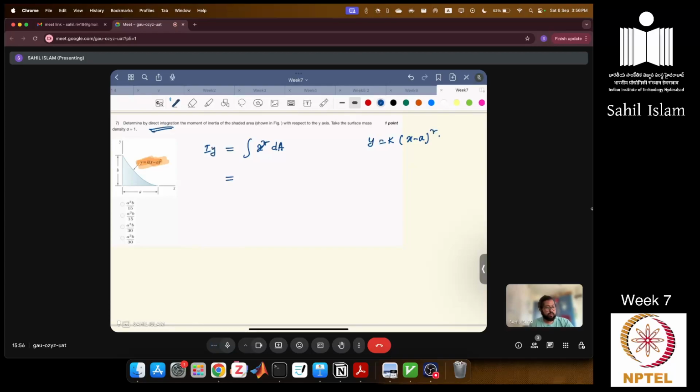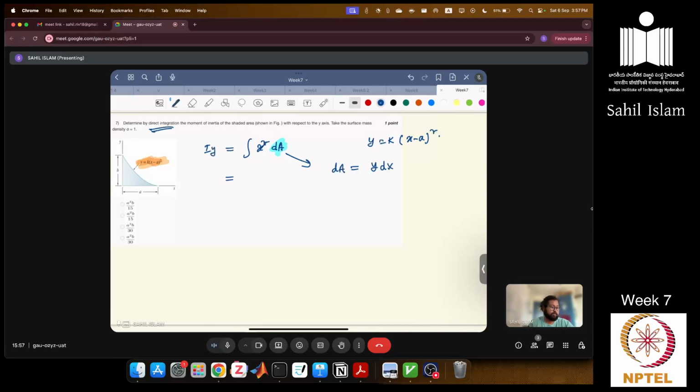And this area element will be y dx, if we take care of the change in the y direction only.